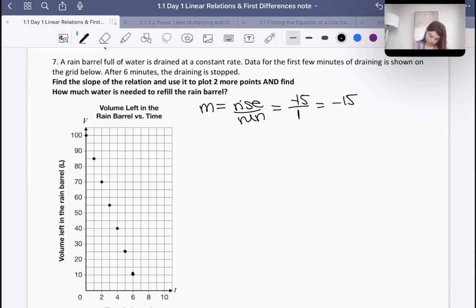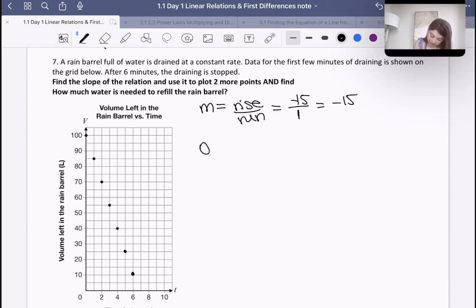And then it says, find how much water is needed to refill the barrel. Well, I think it should have told us what the full volume would be. But it says here volume left in the rain barrel in liters versus the time, because it's draining at a constant rate. If we assume that the full capacity is 100 liters, we want to know how much water is needed to refill it. So what would we have to do to get it back to that 100 liter mark?